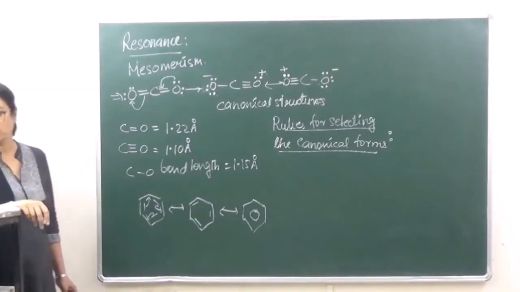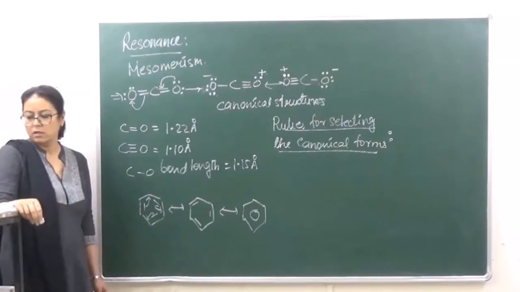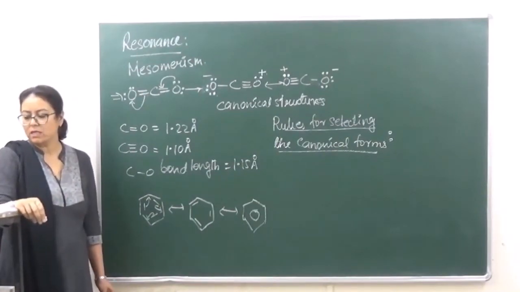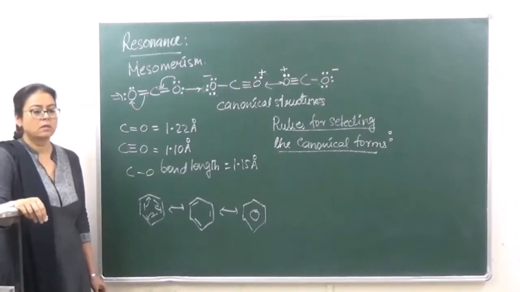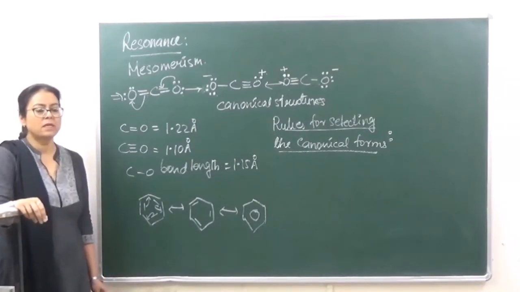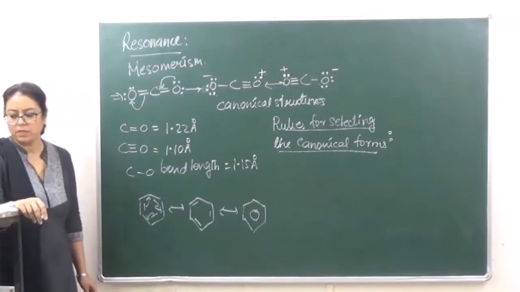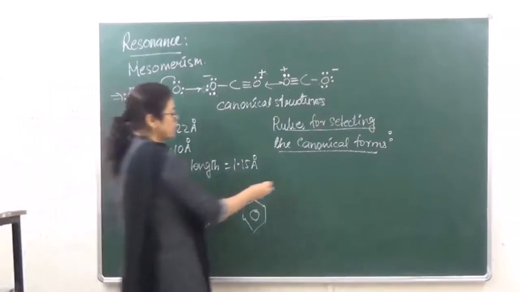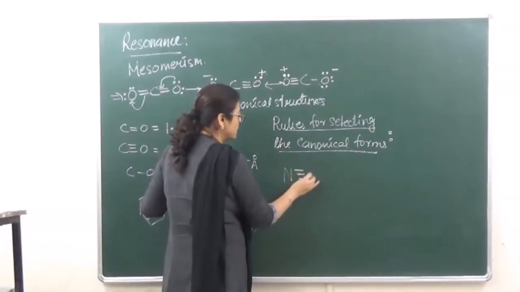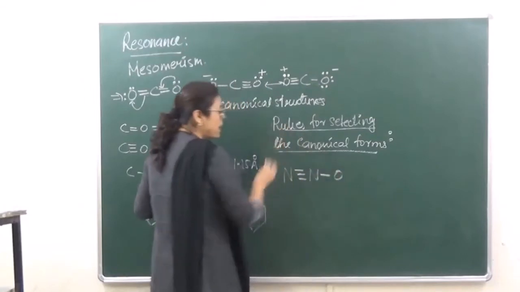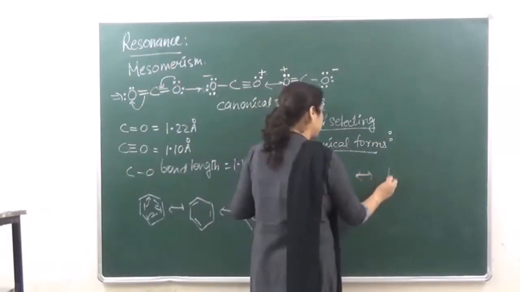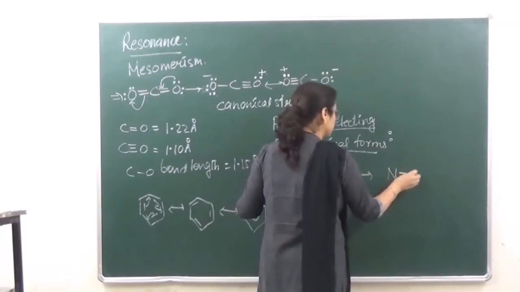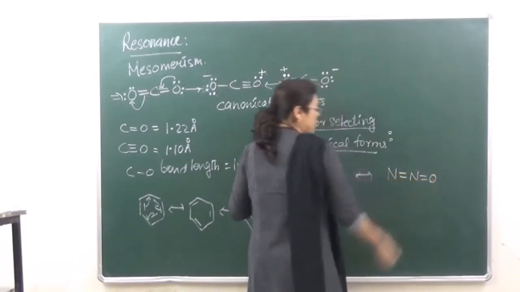The formal charges on atoms in a molecule helps in choosing the most stable structure. For example, if we are having two resonating structures of N2O, right?